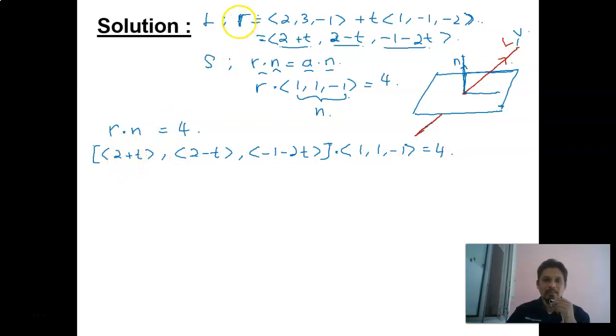These come from the vector equation here. So we come up with 2 plus 1t, 3 minus 1t, sorry, it is supposedly 3 here, and negative 1 minus 2t. Then 2 plus t multiplied with 1 equals 2 plus t.